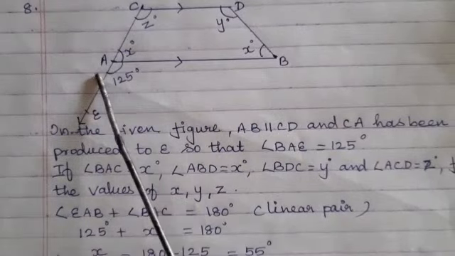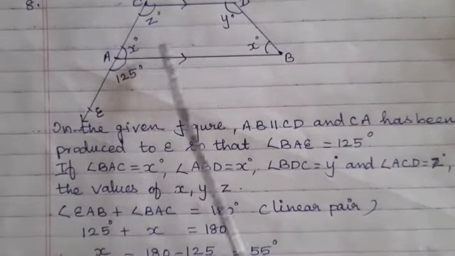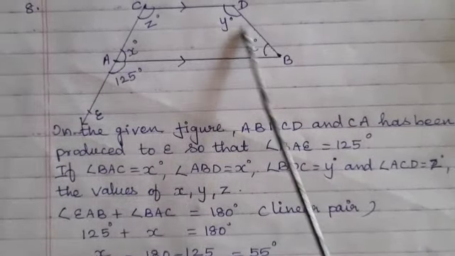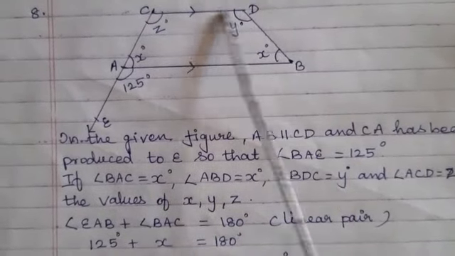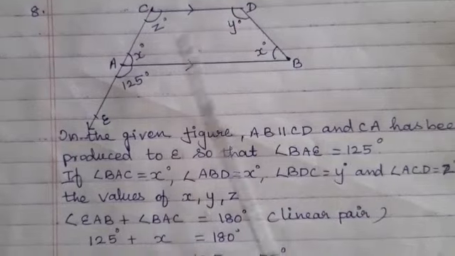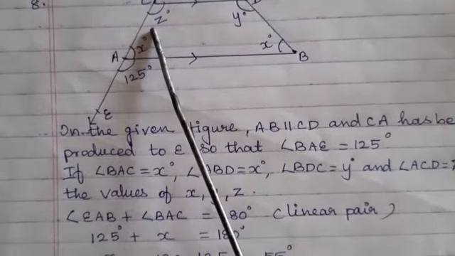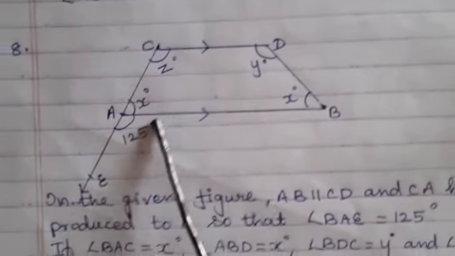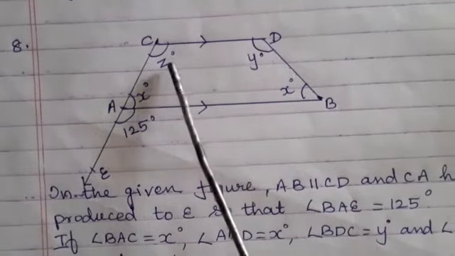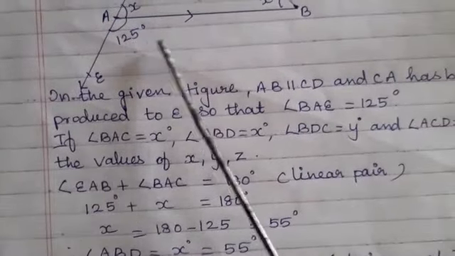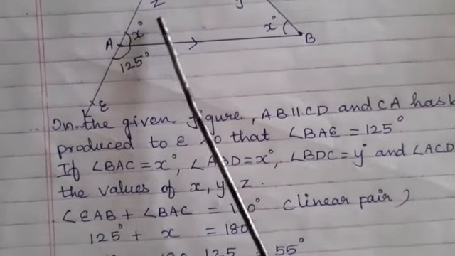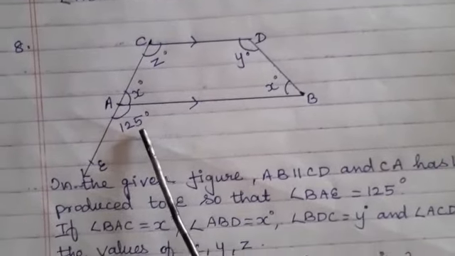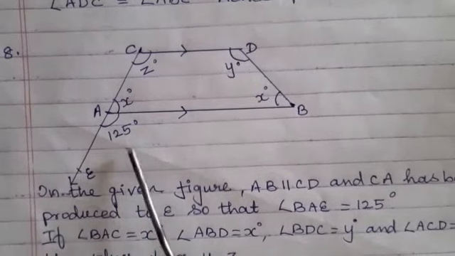Angle BAC is x degrees, angle ABD is x degrees, angle BDC is y degrees, and angle ACD is z degrees. Now we have to find the values of x, y and z. Only one measurement is given here. Using this we have to find all the unknown variables.